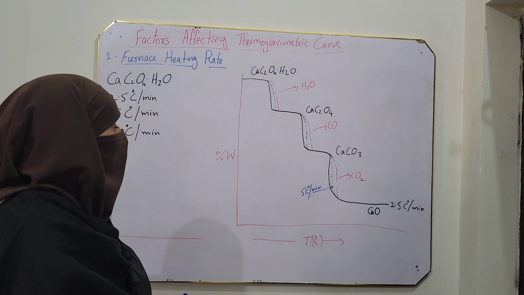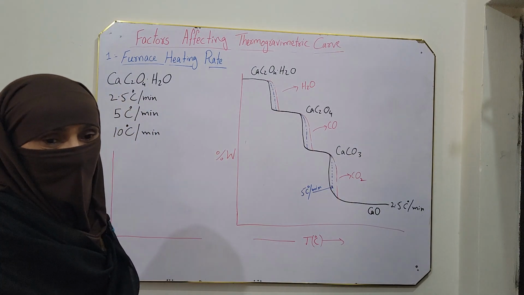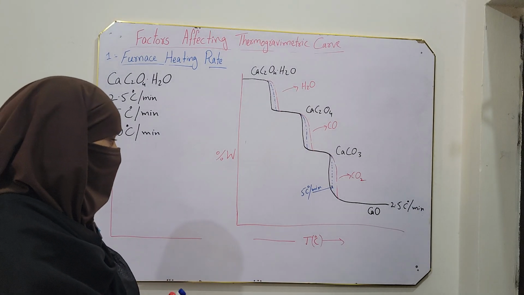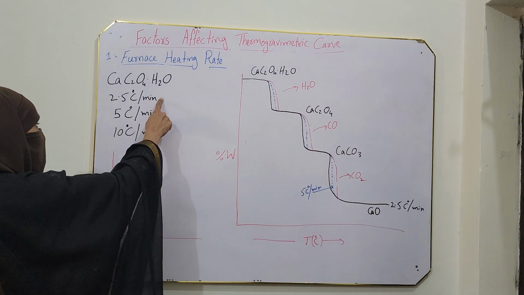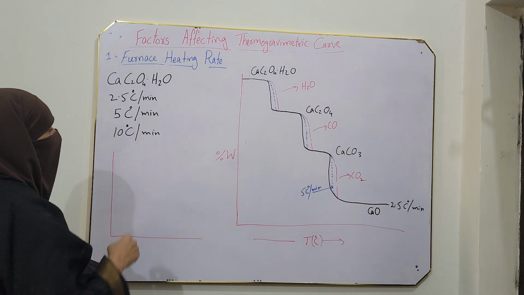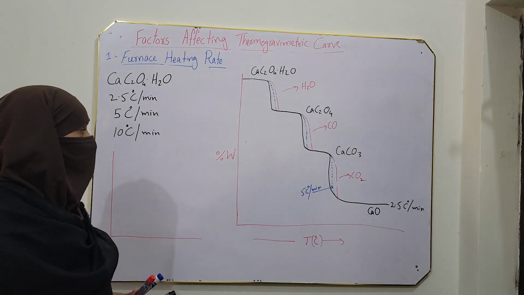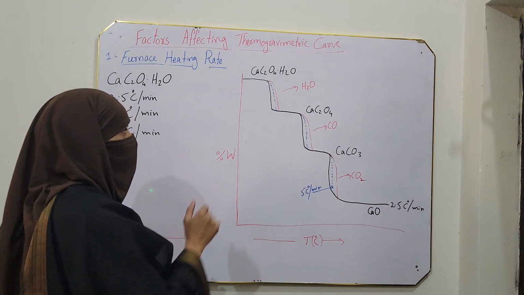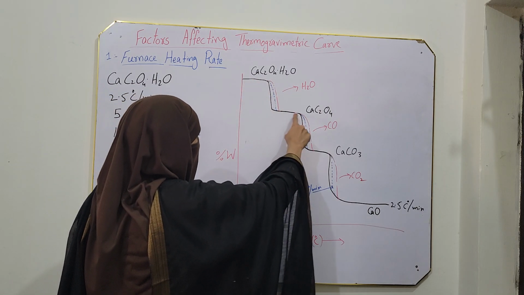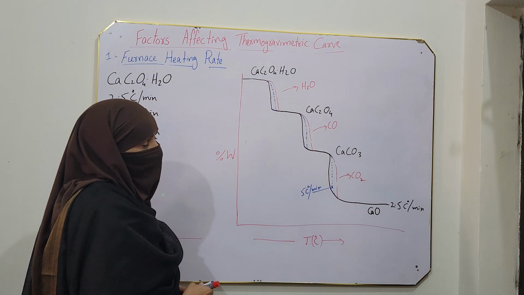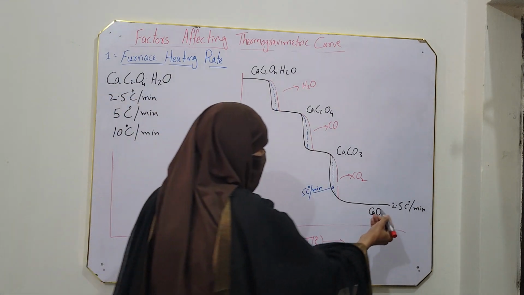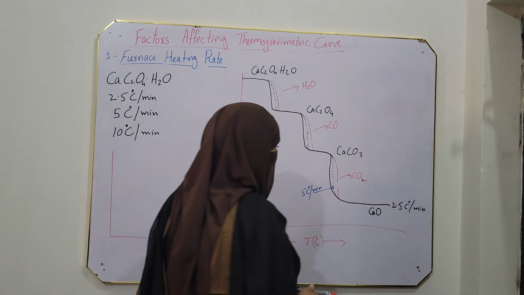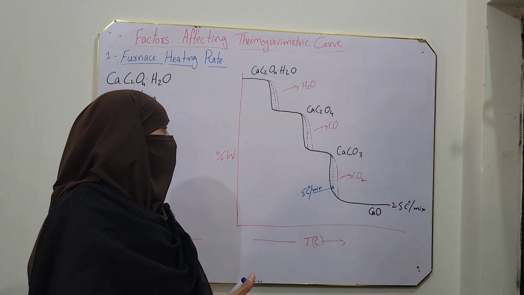Now we study this calcium oxalate decomposition at variable heating rates. We are applying these 3 heating rates: 2.5, 5 and 10 degrees centigrade per minute. What will be the result on the thermogram? This black line shows heating of calcium oxalate at 2.5 centigrade per minute, meaning at a slow heating rate.